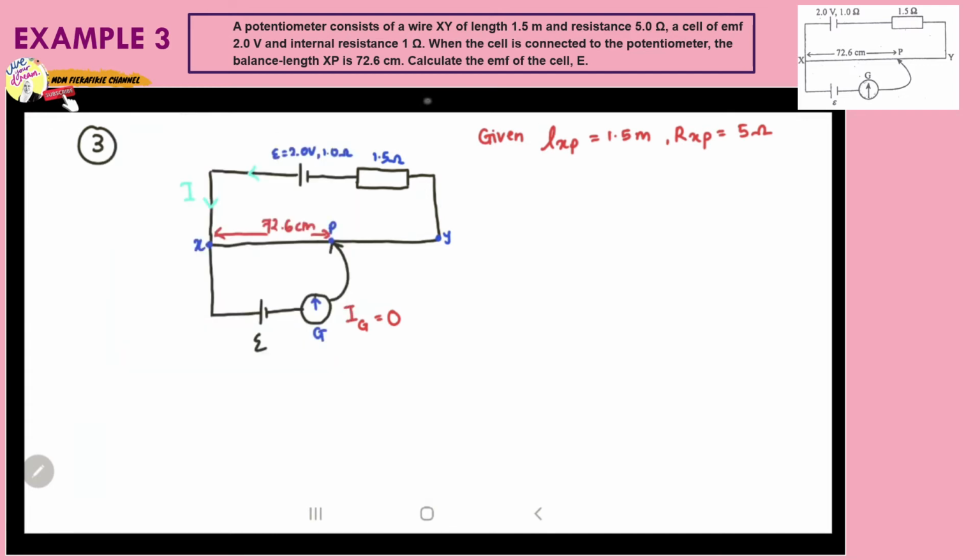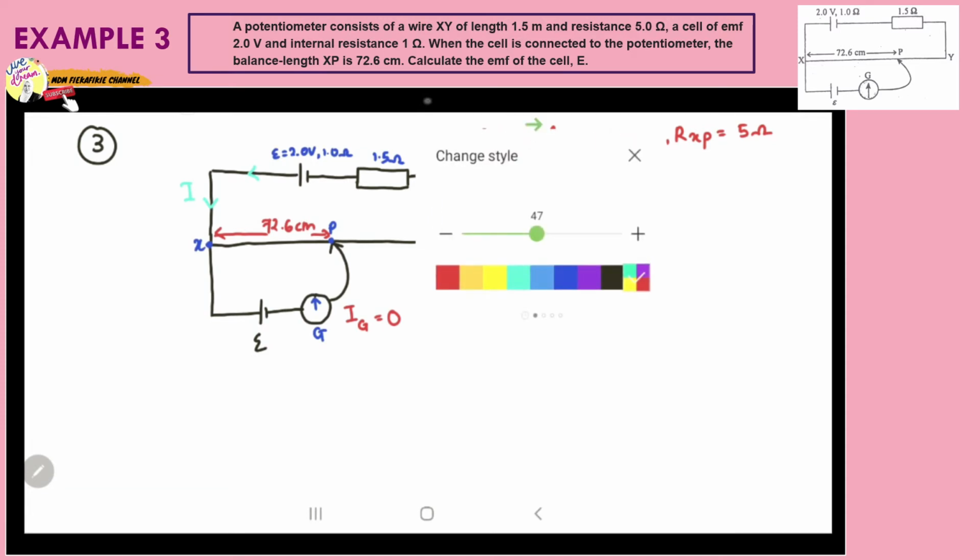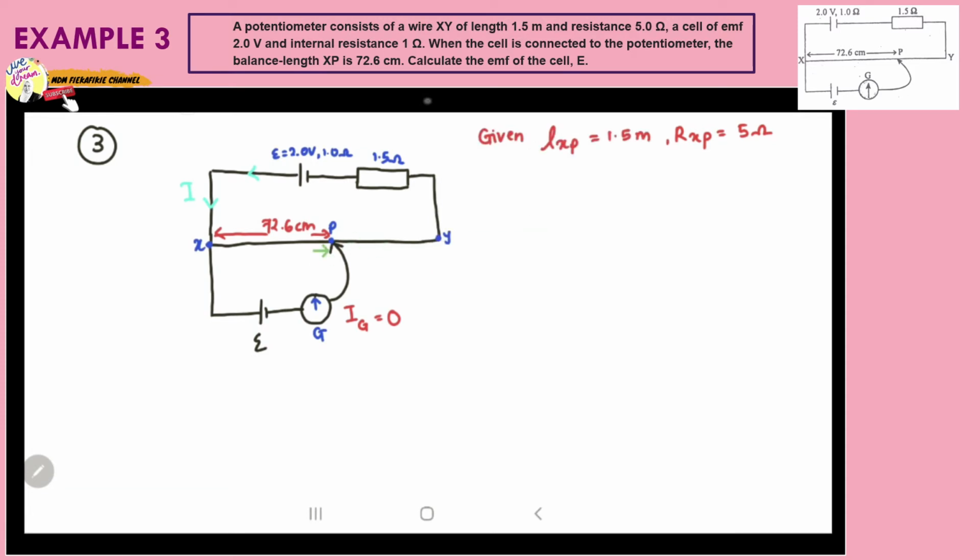What happens when we slide the jockey and reach a point P? When the jockey is at point P, the reading of the galvanometer is equal to 0. At this moment, the potentiometer is said to be balanced, meaning that current cannot flow through this galvanometer.